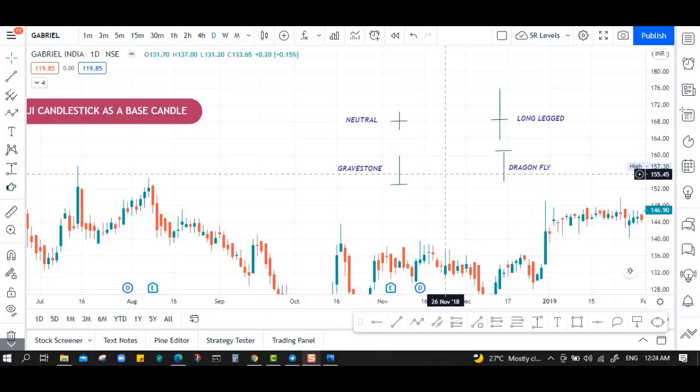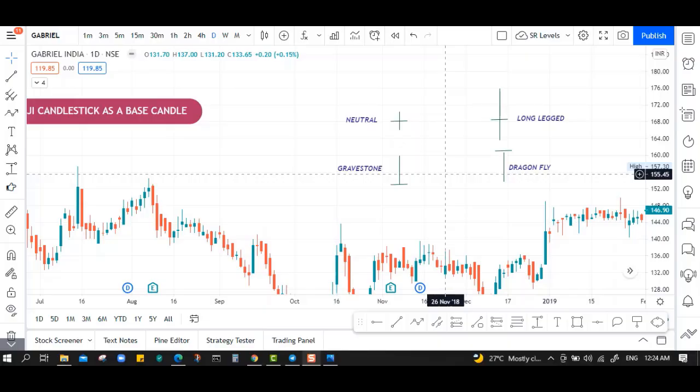And when drawing the supply and demand zones, we can use a doji candlestick pattern as a base candle when it is formed at the beginning of a strong move. So to draw a supply zone using the doji candlestick pattern, we only need to draw a proximal line at the lower shadow of the candle and a distal line at the upper shadow of the candle, no matter what doji variation it is.